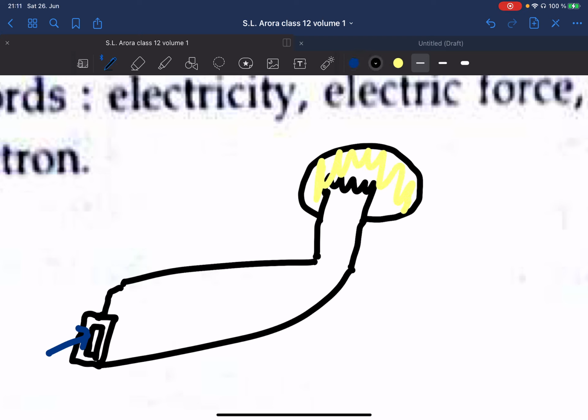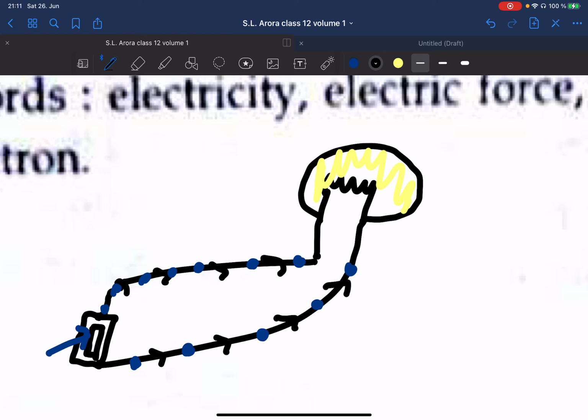How is it possible? It must take time to travel, right? What's the basic process here? The thing is, the electrons are already present in the wire. They are present long before in the wire.